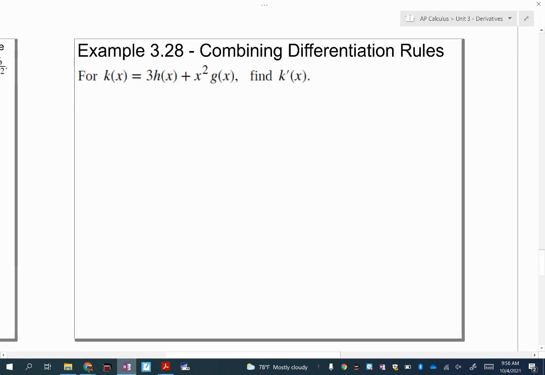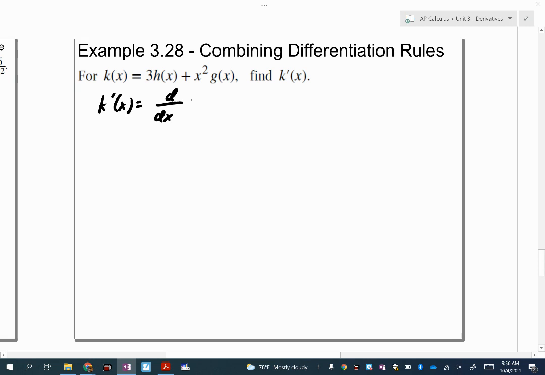All right, so let's try this one. We're doing k prime of x, and k of x is 3 times the h of x function plus x squared times g of x. So to do k prime of x, first I'm going to use the sum rule, d/dx. Again, if we were doing order of operations, we would do this last.